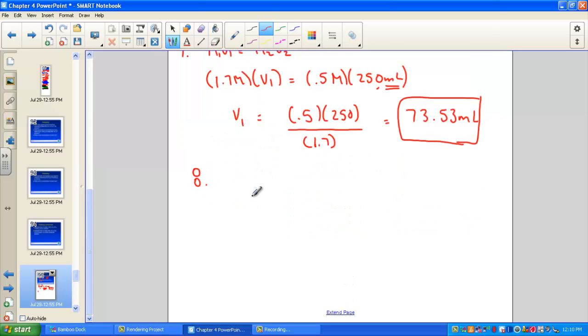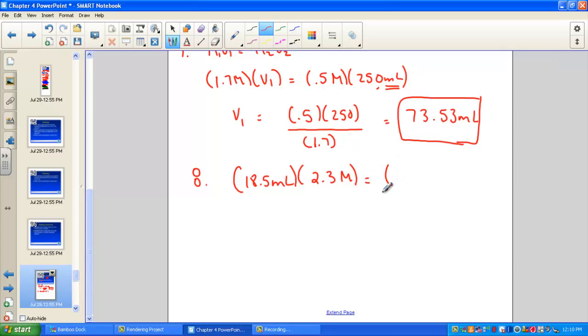Should we try another? Let's read through 8 together. We have 18.5 milliliters of a 2.3 molar HCl added to 250 mLs of water. What is the concentration of our solution? We have 18.5 mLs of a 2.3 molar HCl solution.